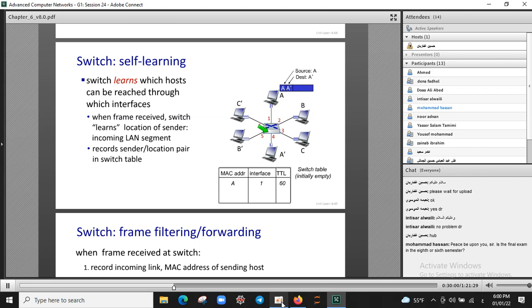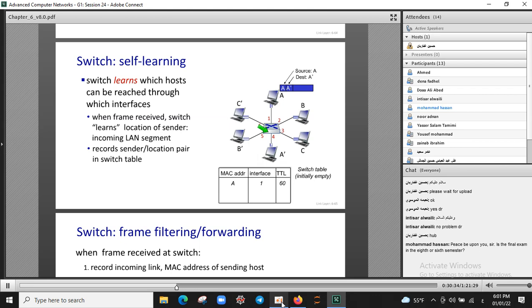We said that when a computer joins a new network, it will look for its IP address in that network using a DHCP server. So that newly arrived host will send a DHCP packet.